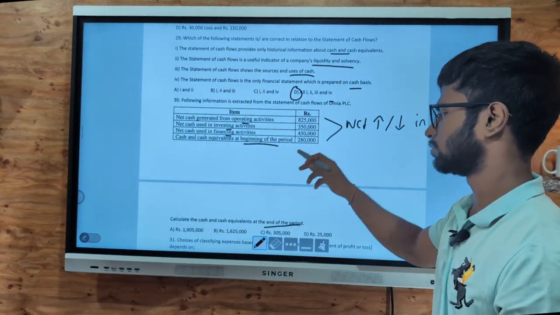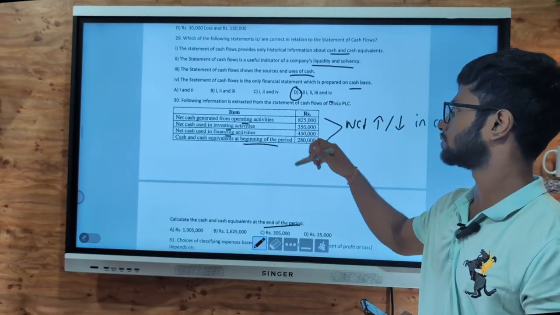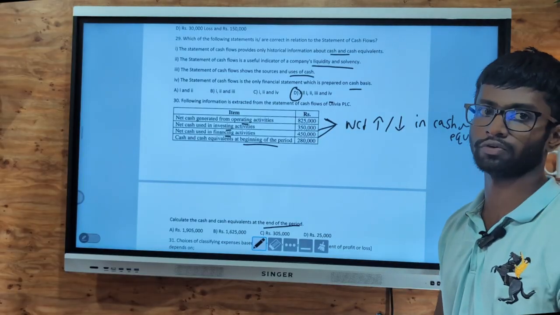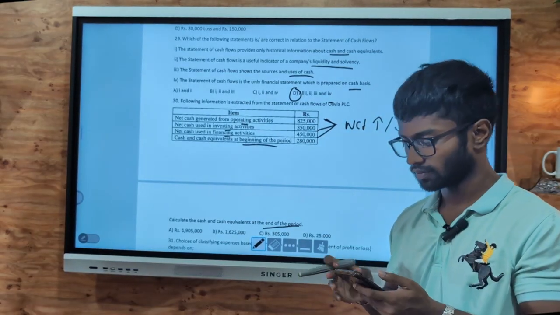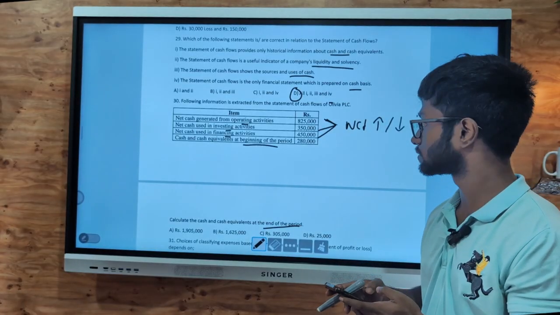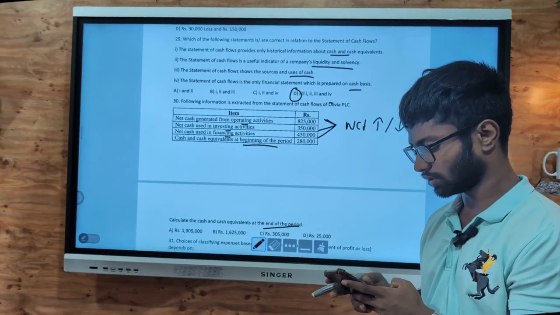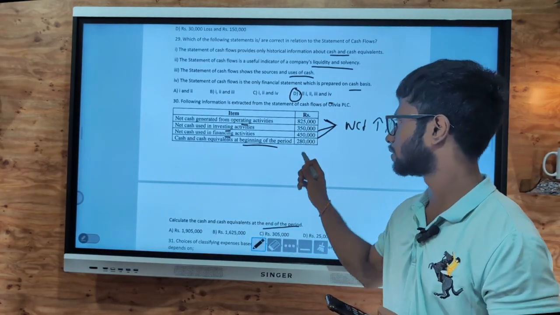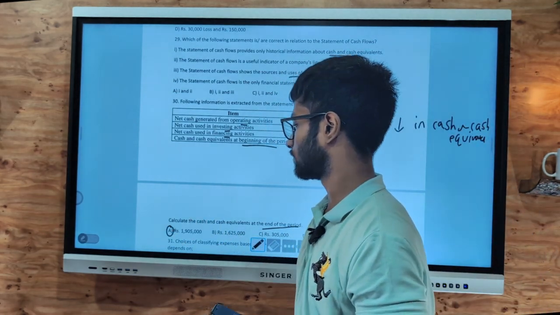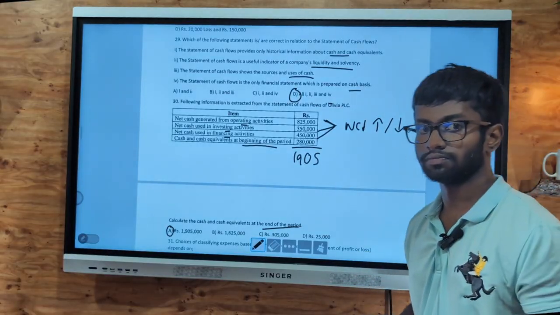So here, to get the closing, the addition of these three will give us the net increase or decrease in cash and cash equivalent. So that you have the opening balance. So when you do that, see 825 plus 350 plus 450 plus 280. Then you add everything, you get 100,905. Then you can move on to the next question.